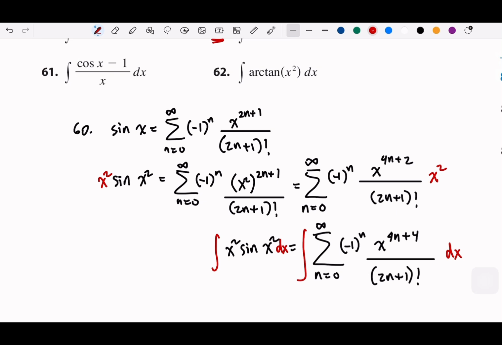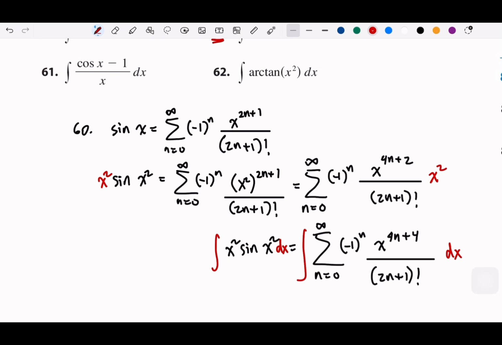We only need to integrate this. We don't really care much about the n. So what we have here is the x with power of 4n plus 4, which if we integrate, this will be 4n plus 5, and don't forget the denominator is 4n plus 5.